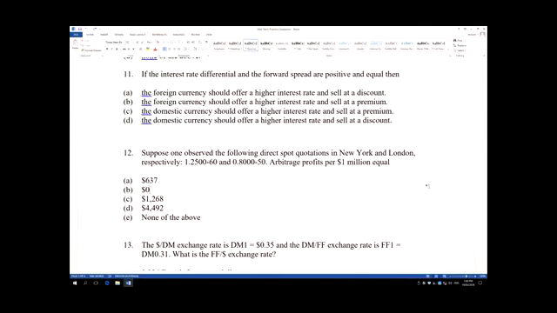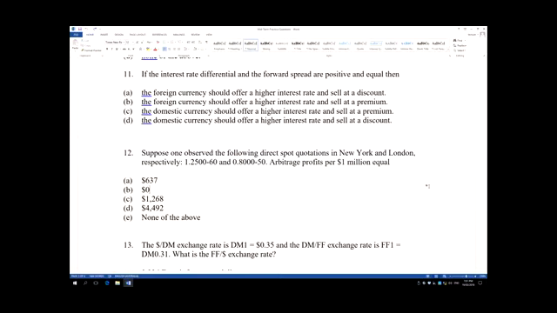Question 11. If the interest rate differential and the forward spread are positive and equal. Okay, so what is this? This question is referring to interest rate parity, right? So interest rate parity says F minus S over S is equal to... Now what I'm going to do is, here we're talking about domestic and a foreign currency.